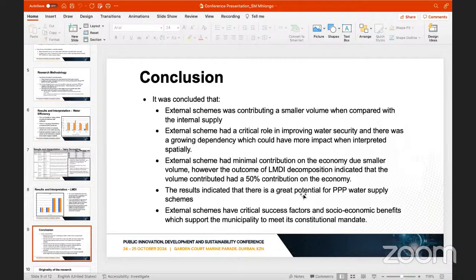The results therefore indicate that there is a great potential for Triple P water supply schemes to be considered, and external water supply schemes are also critical to ensure the success of the socio-economy of the community that they serve.